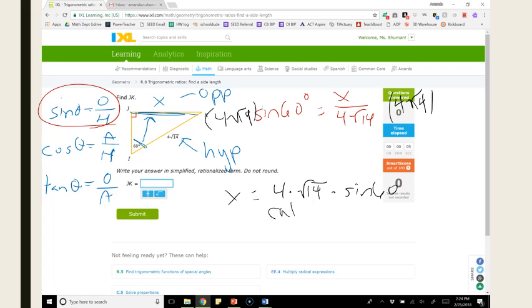And this is when you get your calculator. Put that in your calculator: 4 times the square root of 14 times the sine of 60. And that's going to give me 2... Wait, sorry, my calculator does something a little bit different than your guys's.